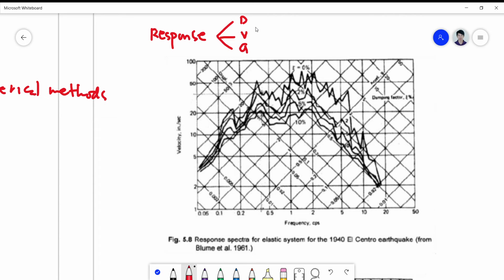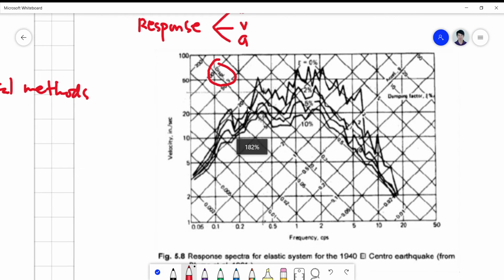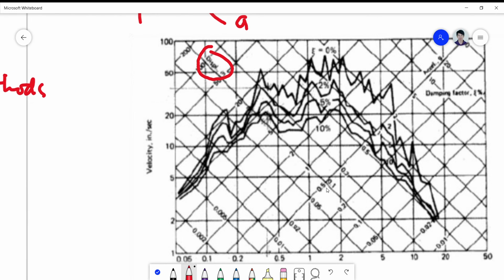Okay, so we have the displacement on the diagonal. So if you see, this is your displacement axis. Okay, so you see your axis here.